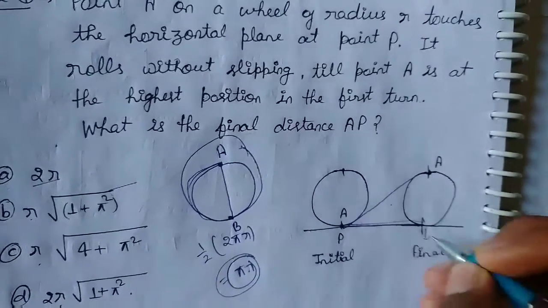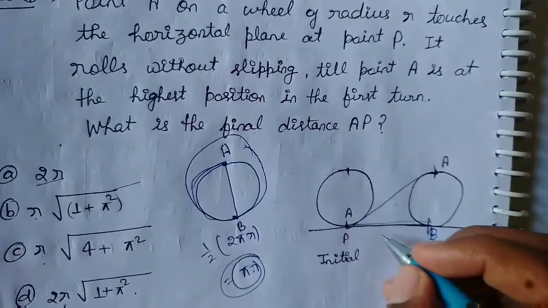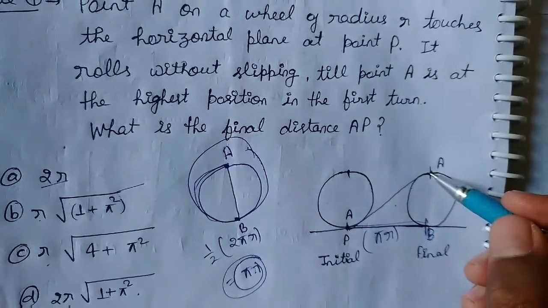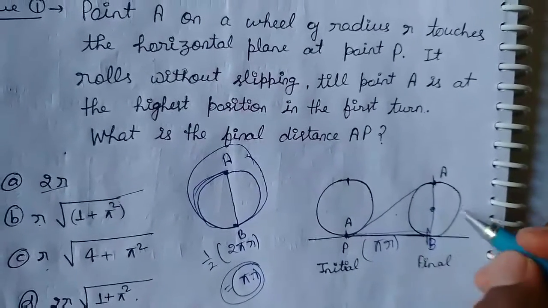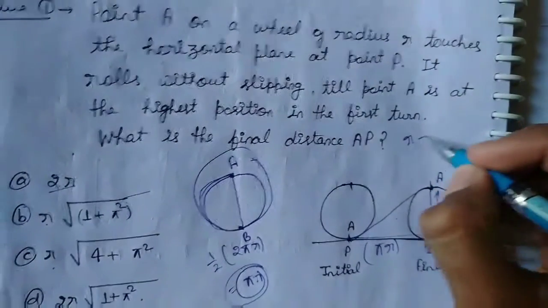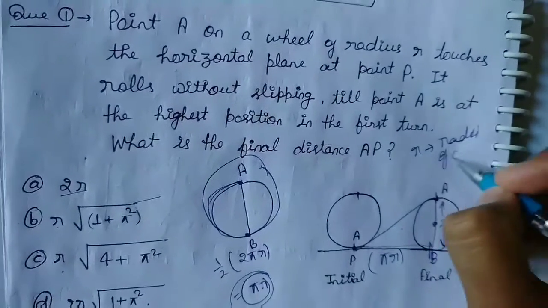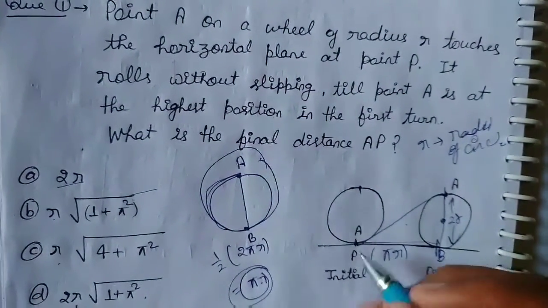Let this point be B. So this PB will be just pi R, and this AB is nothing but the diameter of this circle. Suppose it is just 2R, where R is the radius of the circle. We have supposed it.